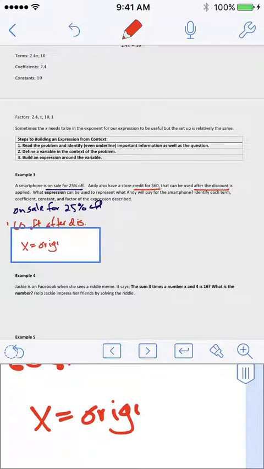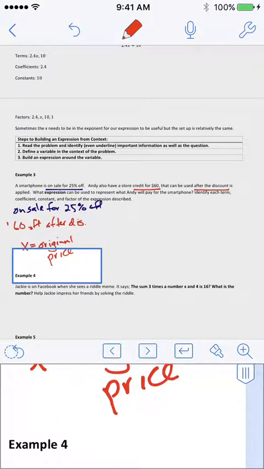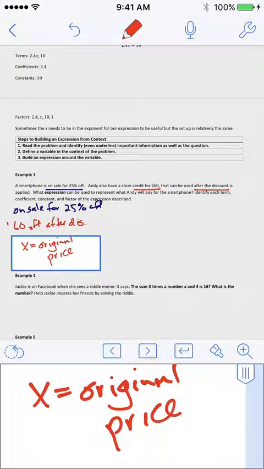If we're dealing with original price, we're going to be taking off 25% of the original price. And then from there, we're going to be taking away another $60. So x is going to be the original price of that smartphone. So let's see if we can come up with an expression around x.